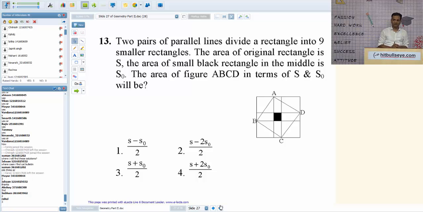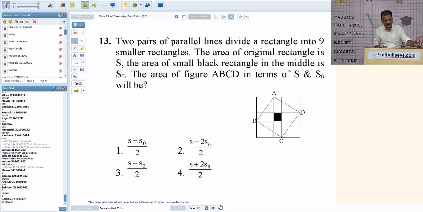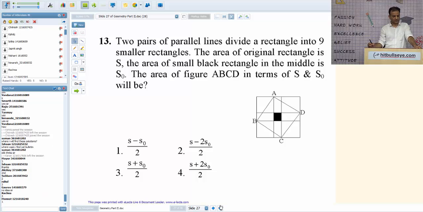Just divide the rectangle into similar parts. Just apply symmetry. Write 1, 1 on the x axis, 1, 1, 2, 2, 3, 3 areas, and then see what is happening. Then you can know the answer. First option Mannat, Rachana third option, Shubham second, Akshay second.